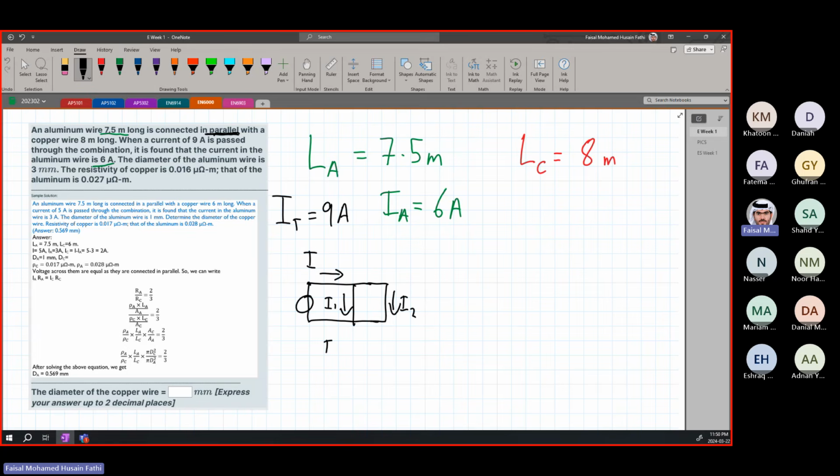I1 plus I2 is equal to the total current when they are in parallel. So here they're saying the aluminum and the copper are in parallel. Okay? That means the copper current, IC, is going to be equal to I total, or I should rephrase this so it can be a bit more clear.